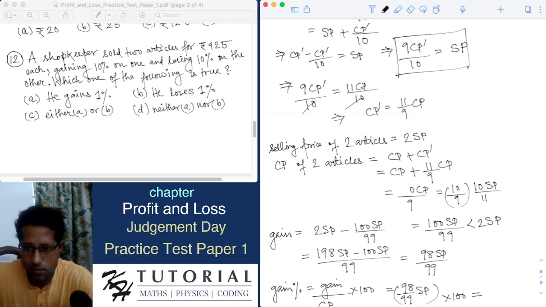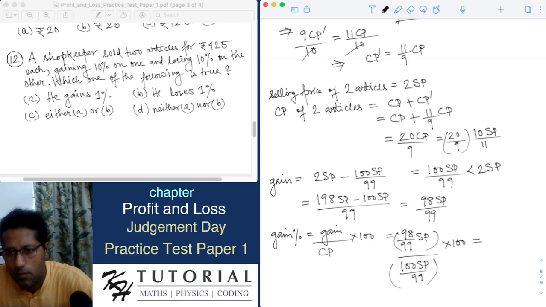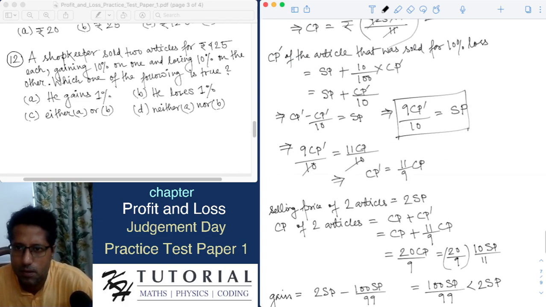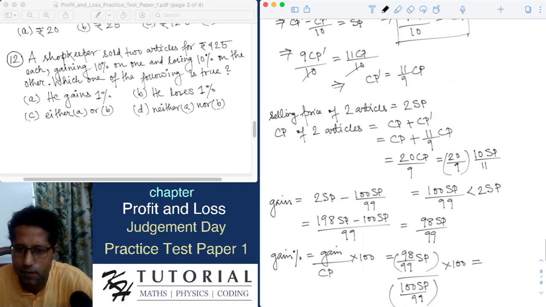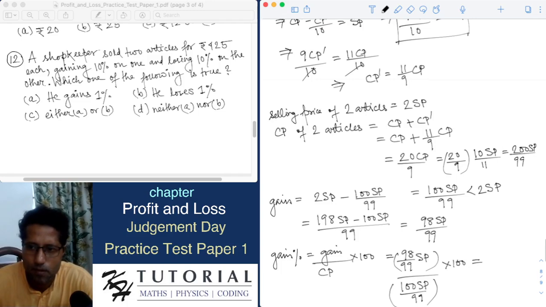This will be 20 by 9 into CP, and CP is 10 SP by 11. So this is 200 SP by 99.